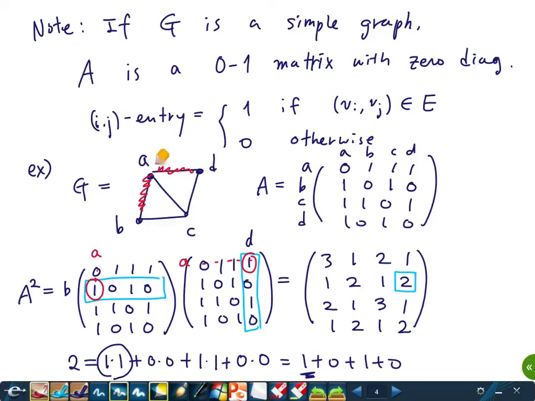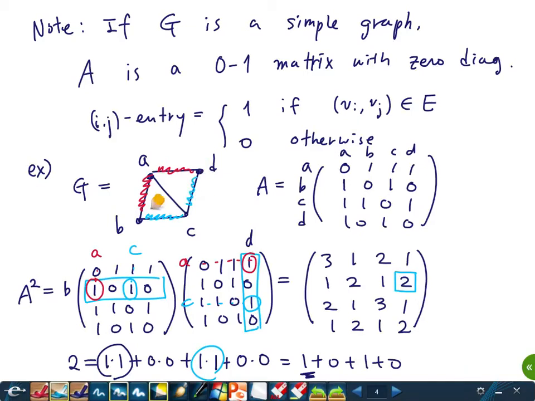So we add 1 if we can go from B to A by an edge and A to D by an edge. What about this? Here we got another 1, and that corresponds to this entry and this entry. This corresponds to C, and here you can see B is connected to C, and C is connected to D.